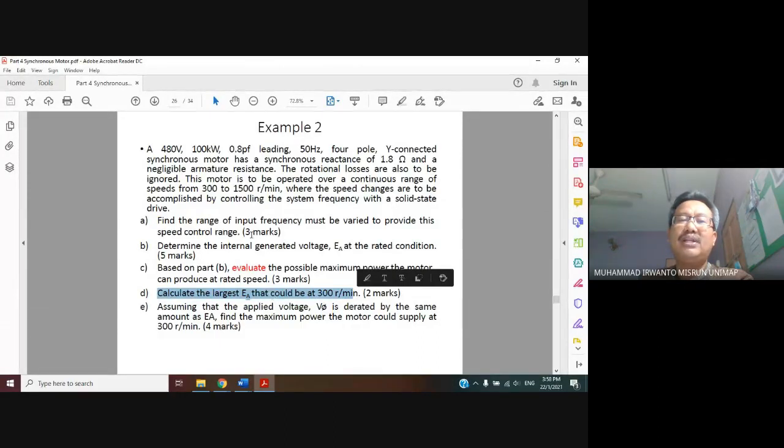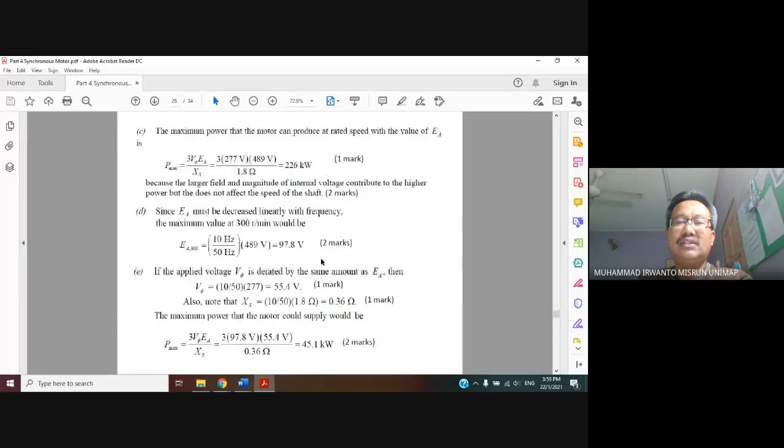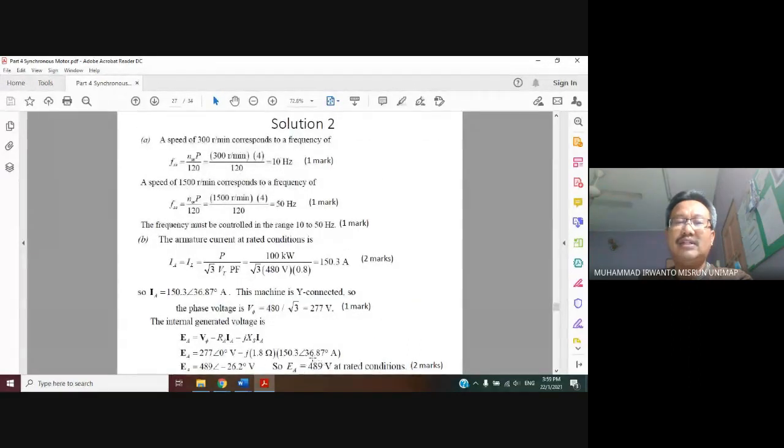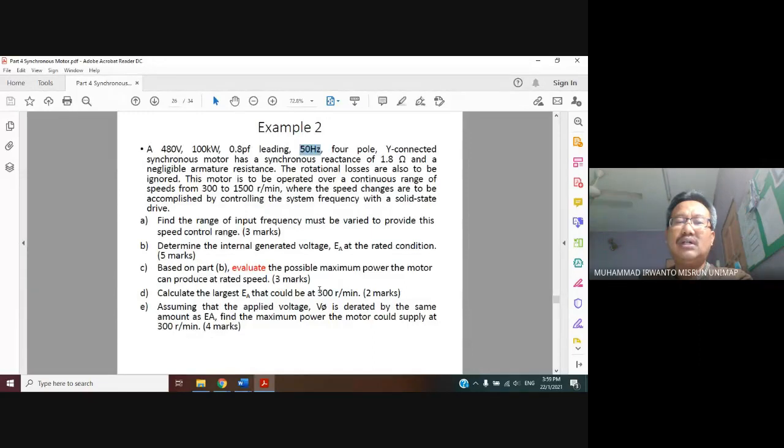The frequency is 50 hertz, to achieve the speed of 1500 RPM, and then we obtain the value of EA, which is around 489. And for 300 RPM, how much is the internal generated voltage? So we can find this value of EA for 300 RPM.